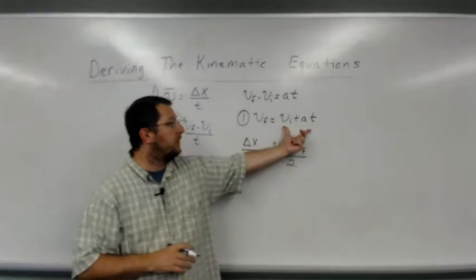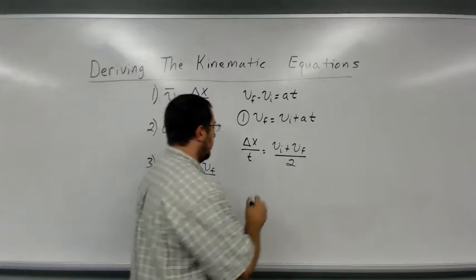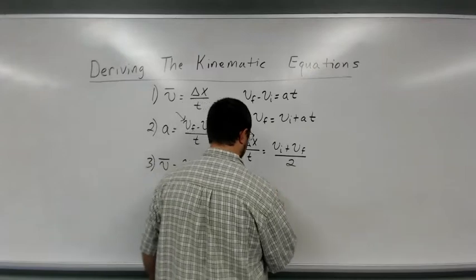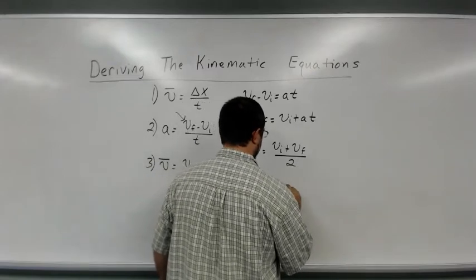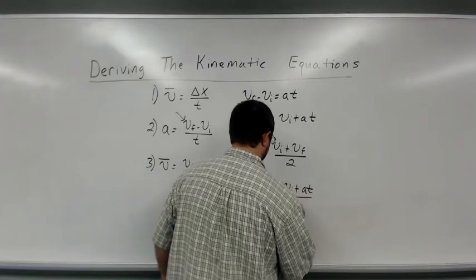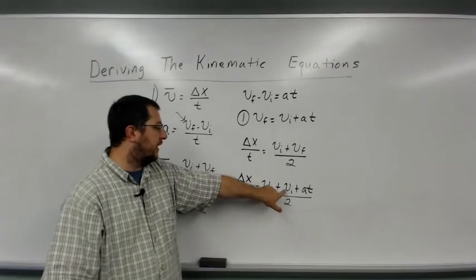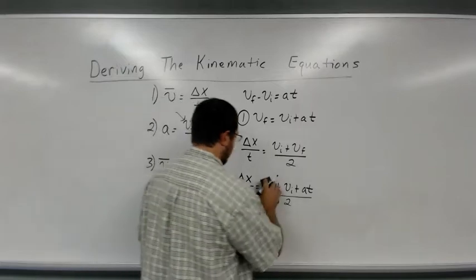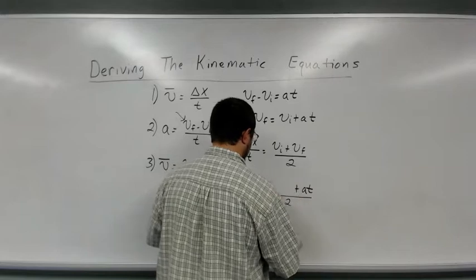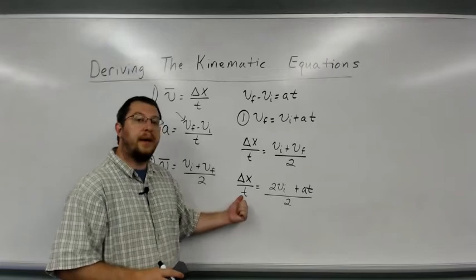So I'm going to plug in VI plus AT in for VF right here. If I do that, I'm going to get this. Now I have a VI and a VI, so I can add those. And now I'm going to multiply both sides by t.